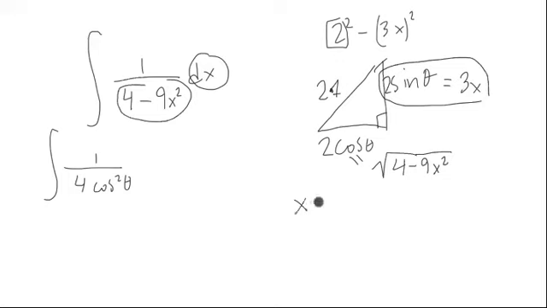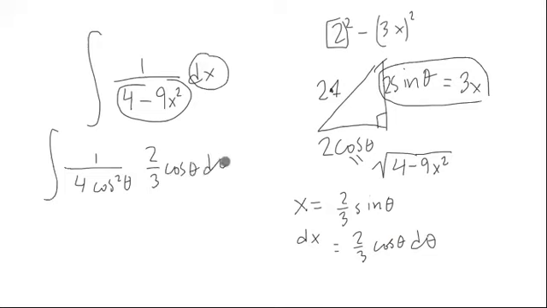We have x is equal to 2/3 sine theta, and then dx d theta is equal to 2/3 cosine theta, so that we can write dx as that with the d theta. So we can replace dx here with 2/3 cosine theta d theta.